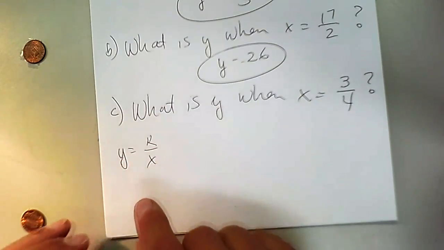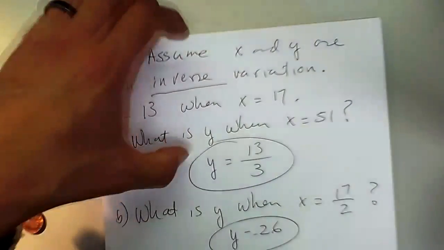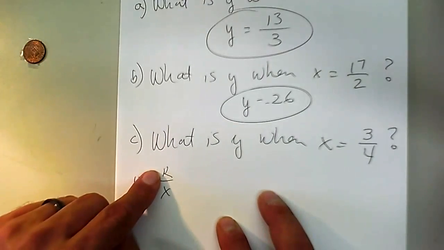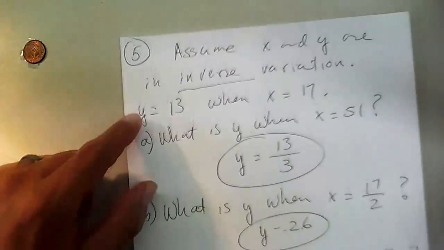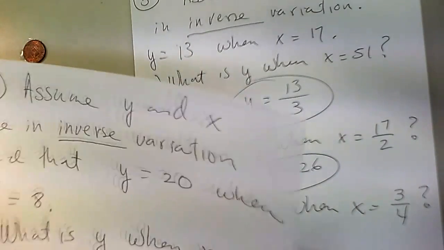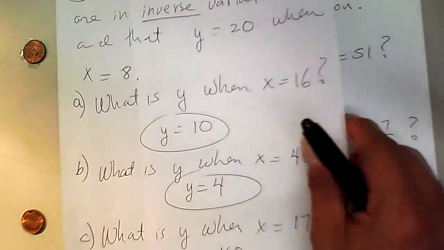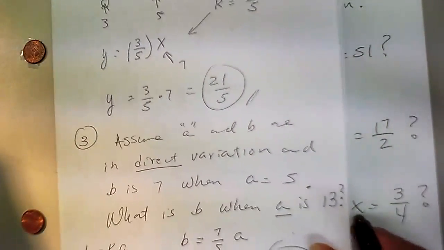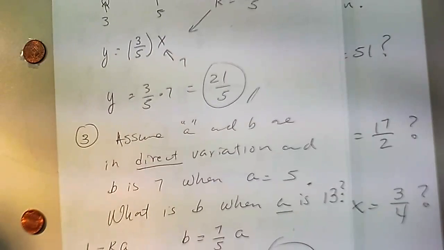It's not a complete equation for this problem because each problem has its own k. You know, in problem number 4, what was the k? If you go back to problem number 4, the k was 160. In problem number 3, what was the k? Did I lose 7/5?